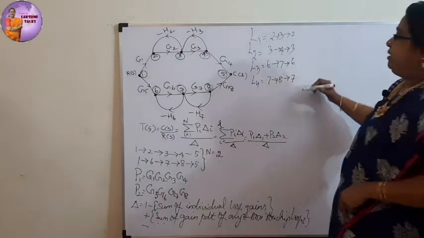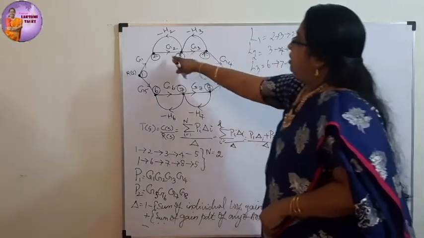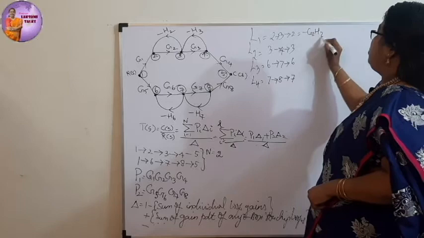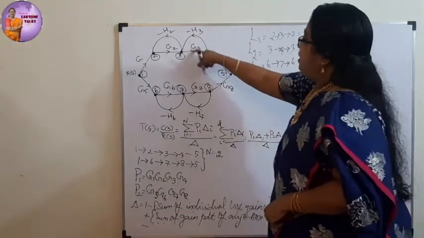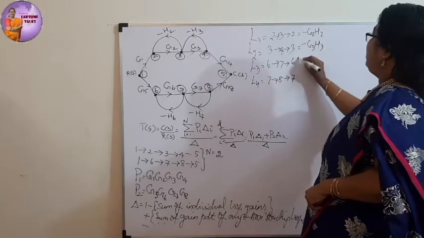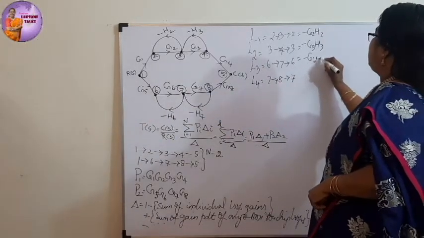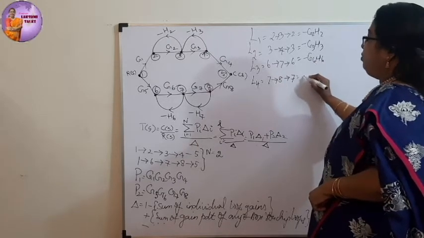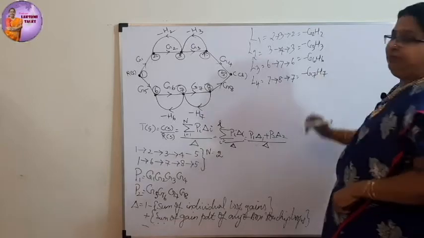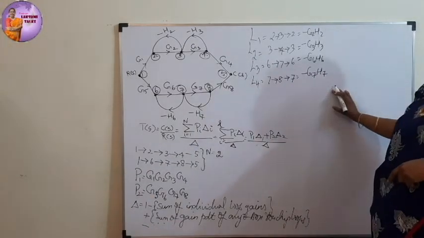So these are the 4 loops. What are the loop gains? L1 is minus G2 H2, L2 is minus G3 H3, then minus G6 H6, and the last one is minus G7 H7.